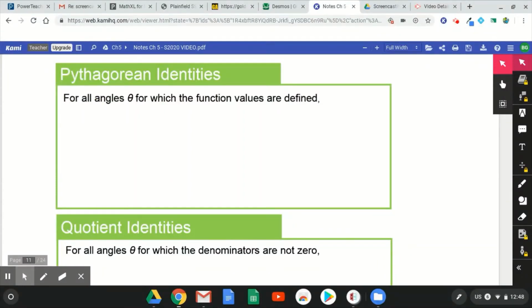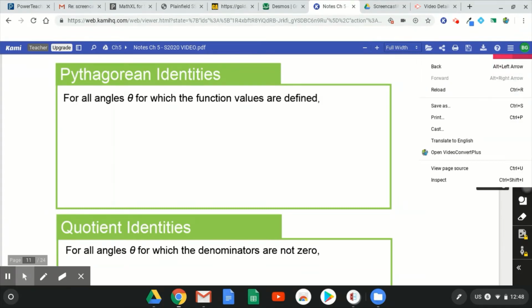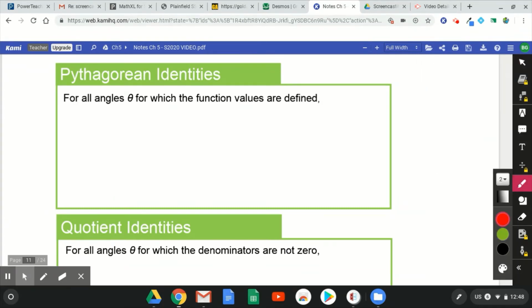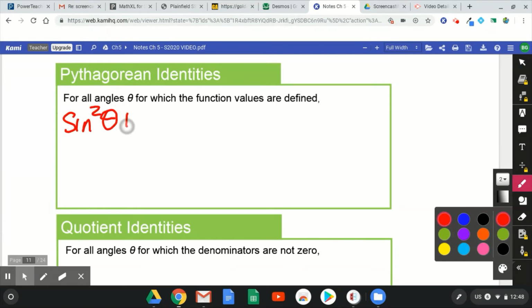Pythagorean identities are special kind of formulas that you can use sometimes. And the first one, sine squared theta plus cosine squared theta equals 1. That's one that you should probably have memorized. Sine squared theta plus cosine squared theta equals 1.